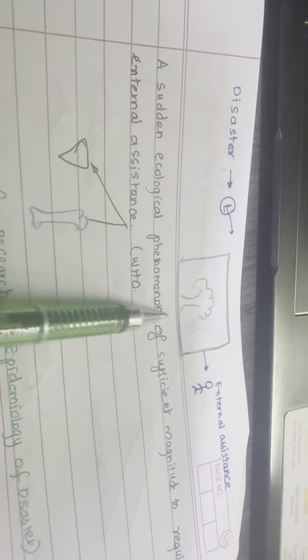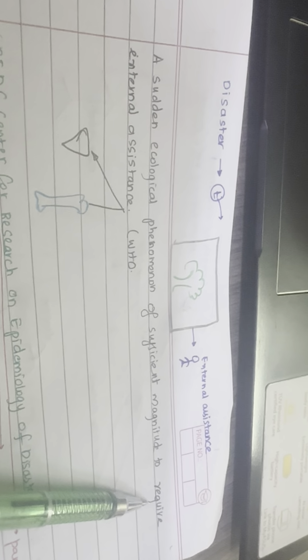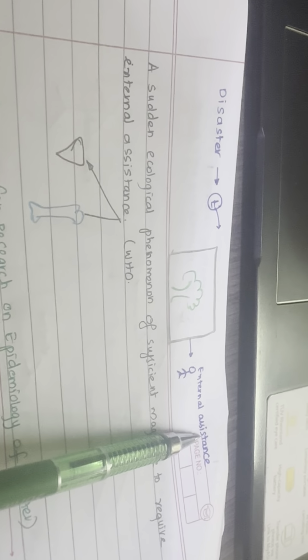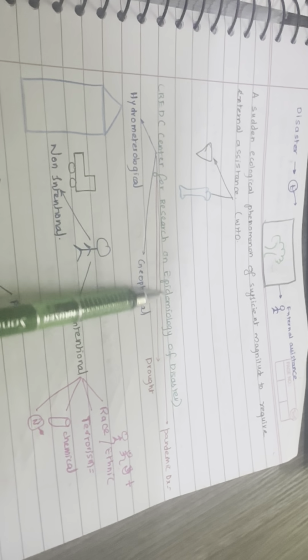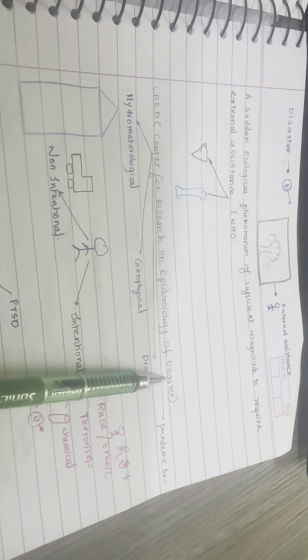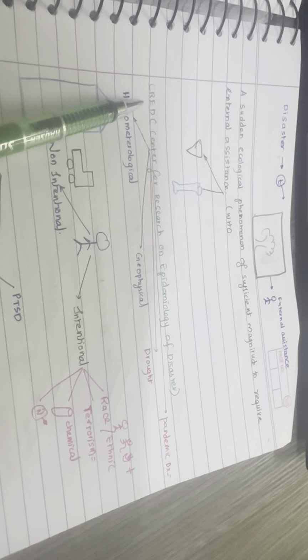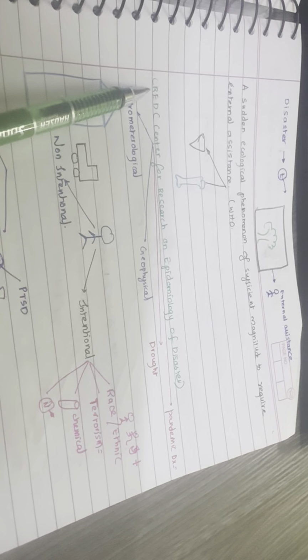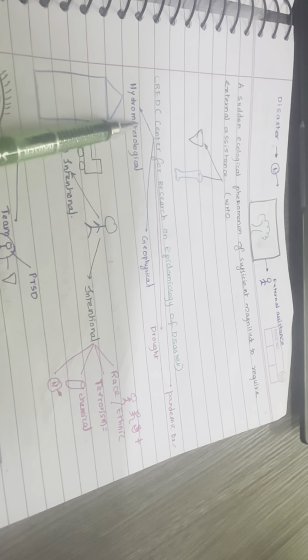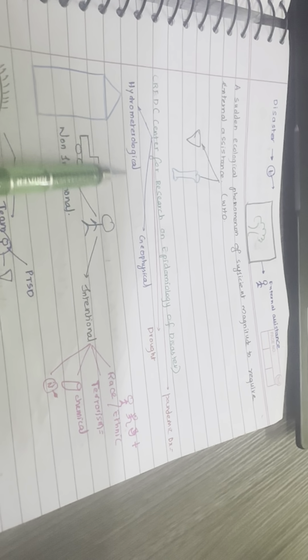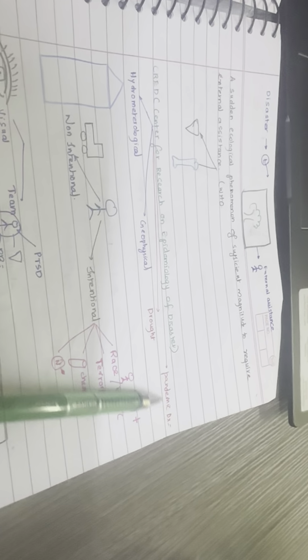Disaster: a sudden ecological phenomenon of sufficient magnitude to require external assistance. WHO definition. According to the Center for Research on Epidemiology of Disaster, that is CRED: hydrometeorological, geophysical, drought, pandemic.